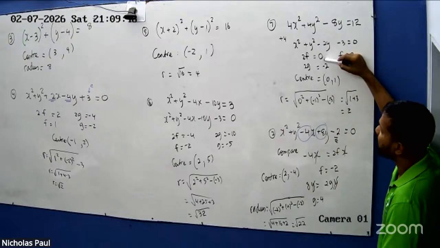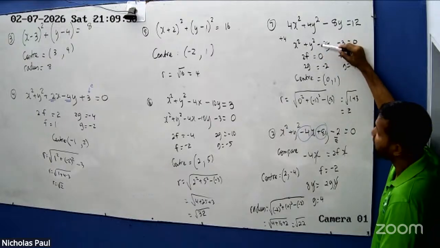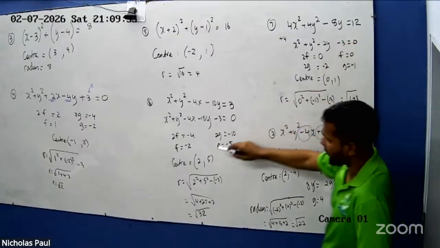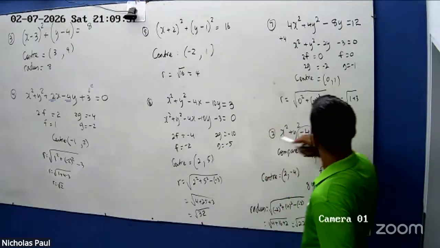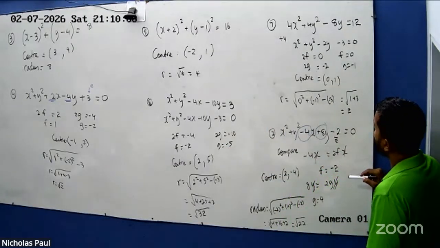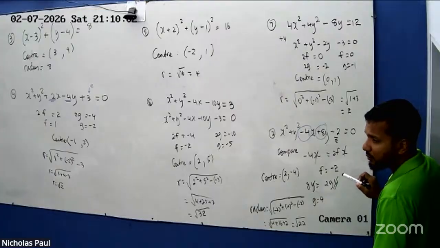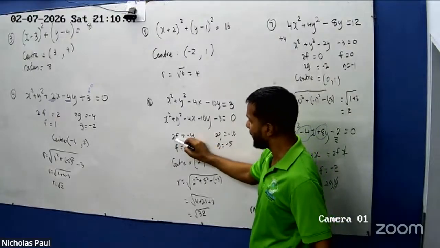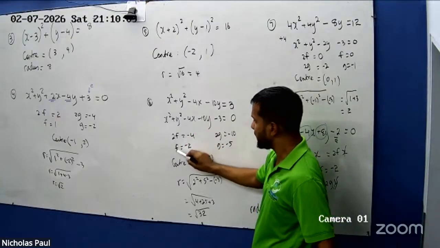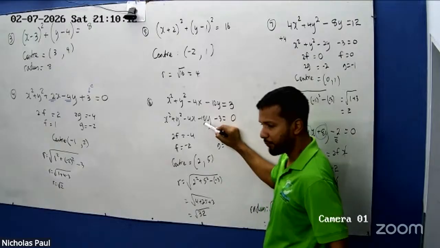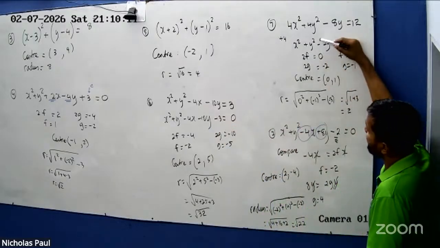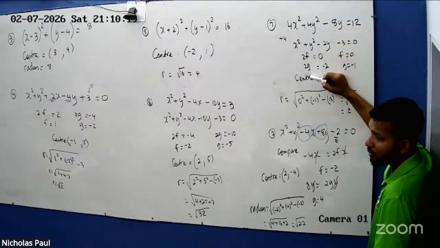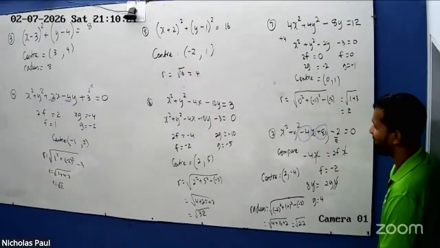Remember comparing, so 2f is equal to 0, and 2g is this value. Remember 2f is whatever is in front of x, and 2g is whatever is in front of y. There's no x, so 2f is 0.